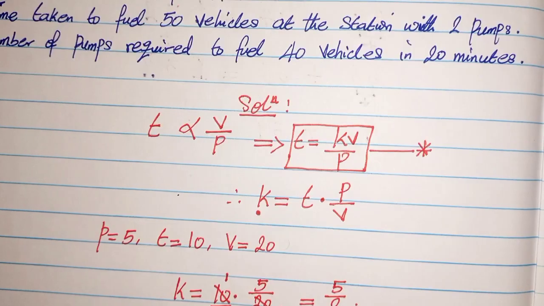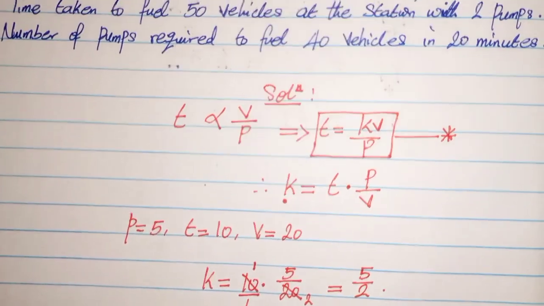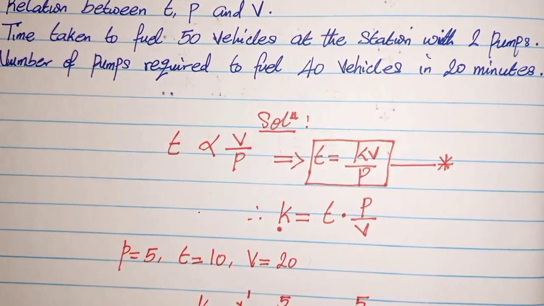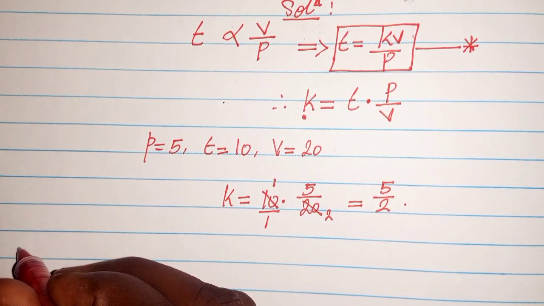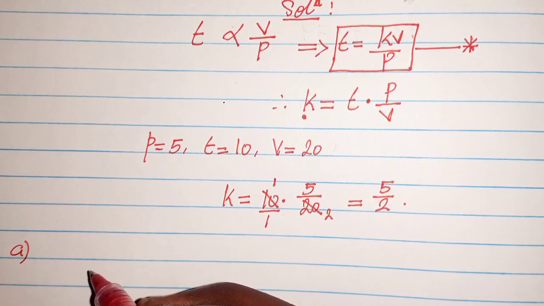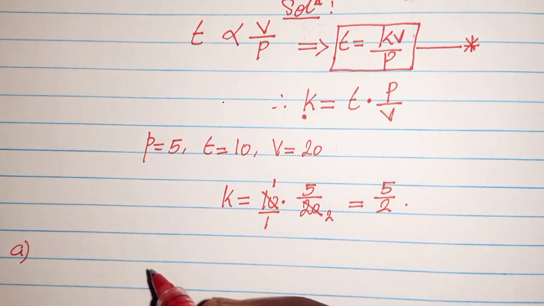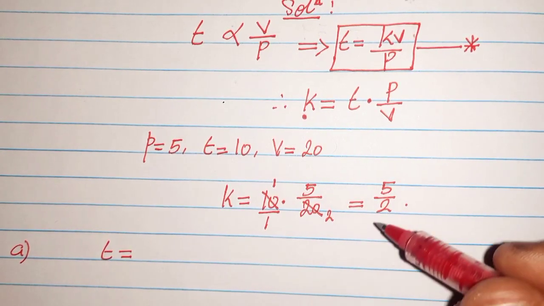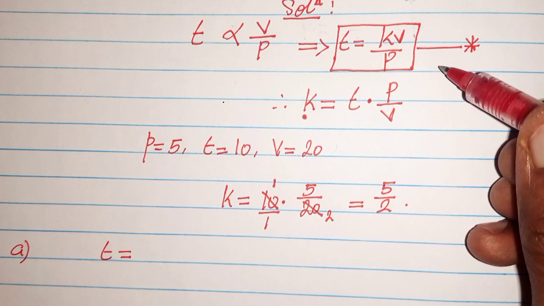Because question A says that we should find the relationship between T, P, and V, we can use this to answer our question A. So the relationship between T, P, and V will be T. We are substituting the values into our original formula, which is the one we established earlier.